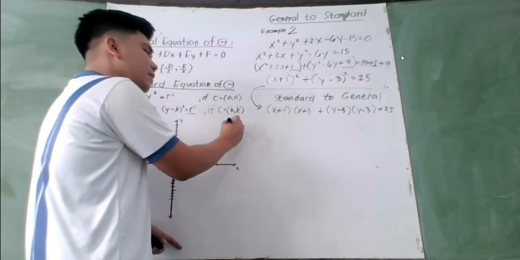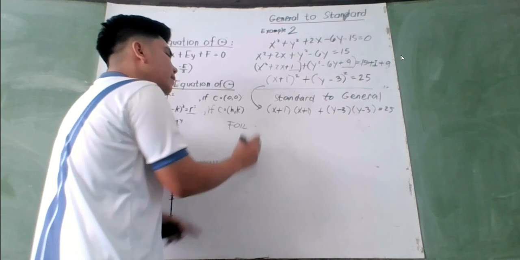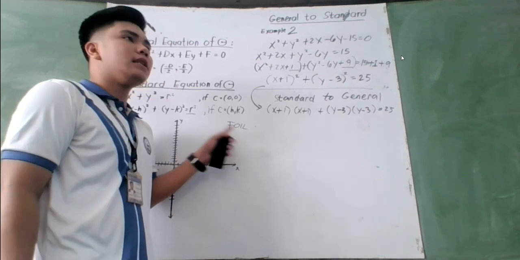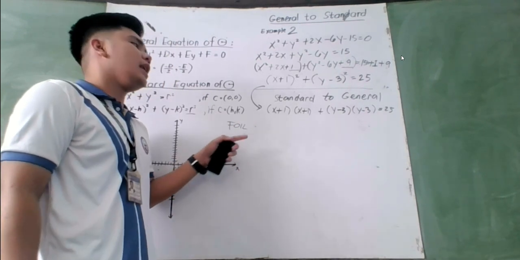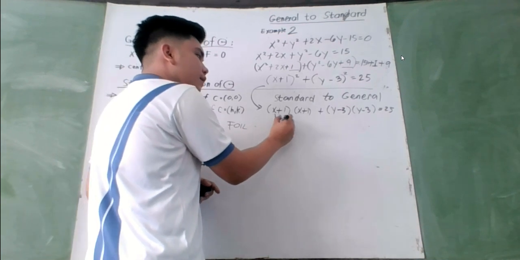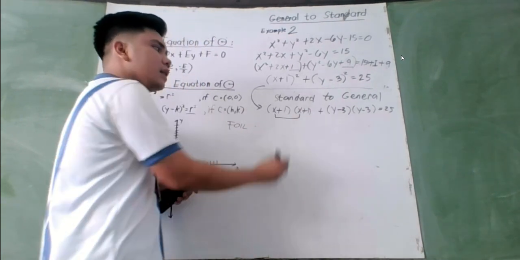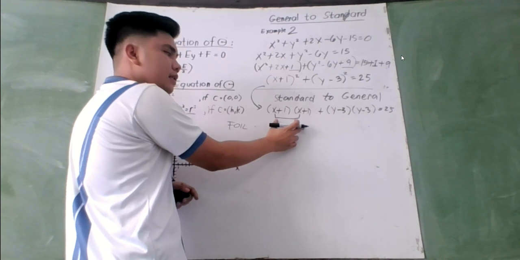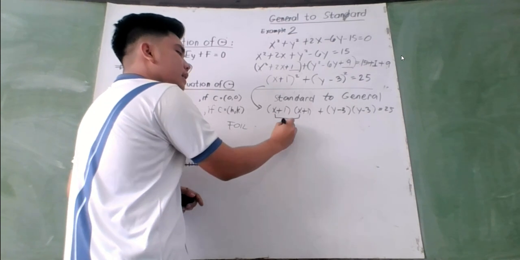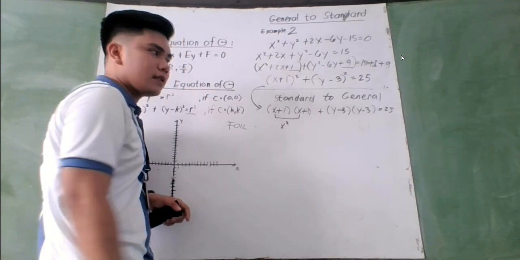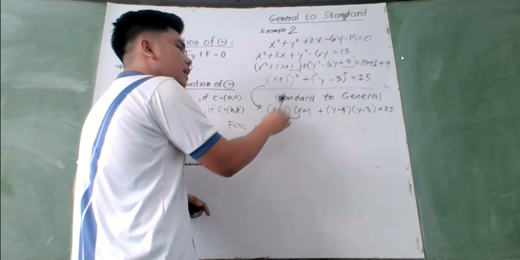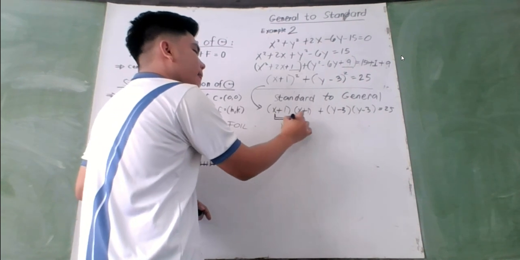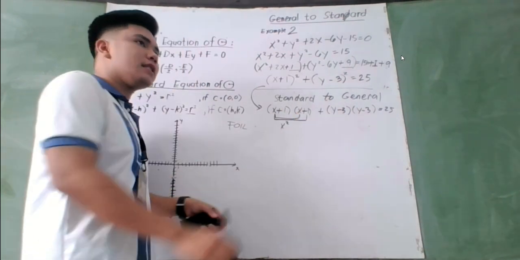If you can remember the FOIL method, FOIL: first, outer, inner, last. Firsts on the list, you have x times x, that is x squared. Outer, x and 1, so that is 1x.